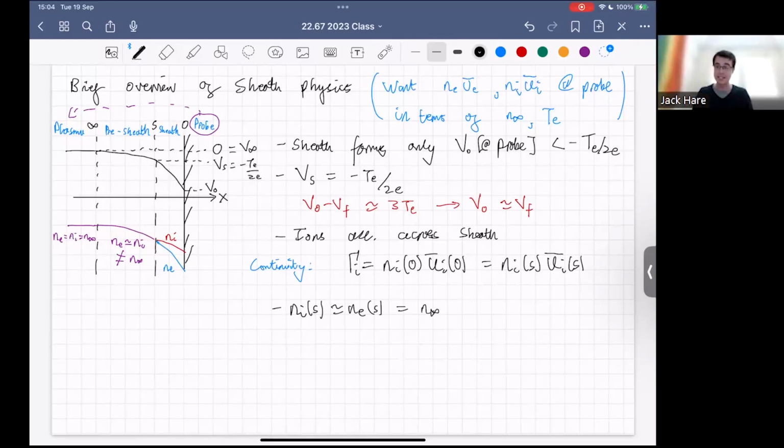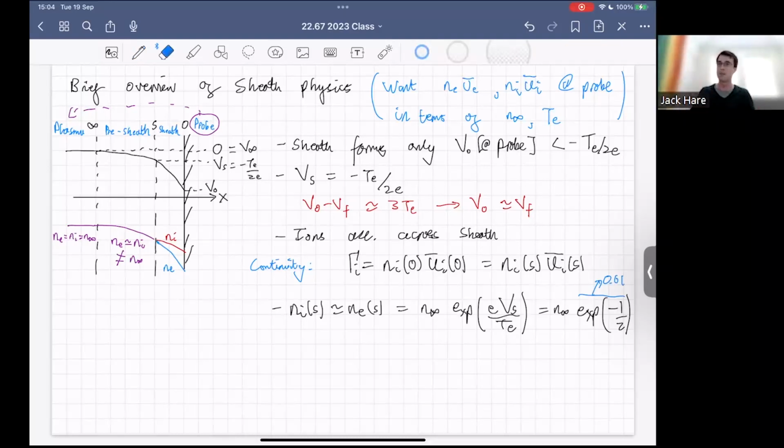So it's going to have the density that they would have out in the bulk plasma, but reduced by a factor of exponential of e times the sheath potential over T_e. If we plug the potential at the sheath in here, we get n at infinity times exponential of -1/2. If you're wondering what exponential of -1/2 is, it's about 0.61. I'm going to leave it as exponential of -1/2 in all of these calculations, just so you don't ask where 0.61 came from. But it is just 0.61, so it's about 1/2.